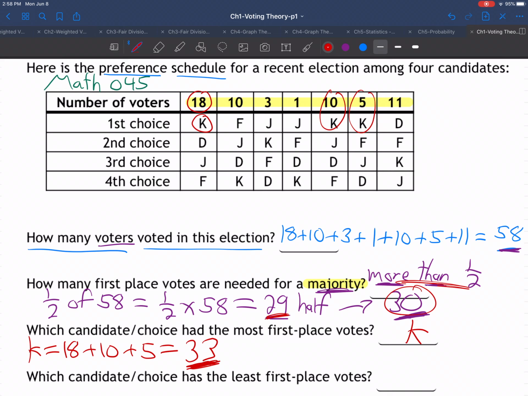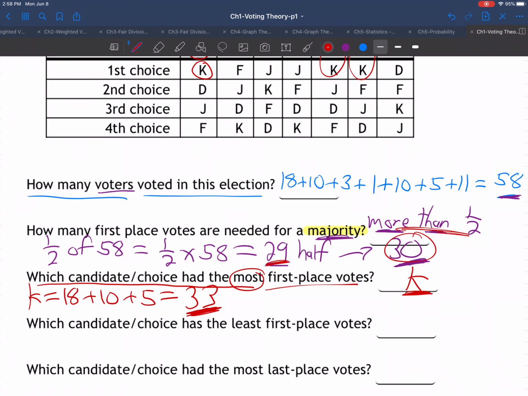So 33 is more than half. So if K has more than half of the first place votes, no way anybody else could have more first place votes than K does. He's already got more than half of them. Everybody else has to have less than half. So which candidate had the most first place votes? Has to be K. I don't even need to check the others because he has more than half.